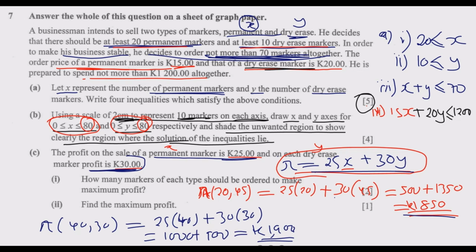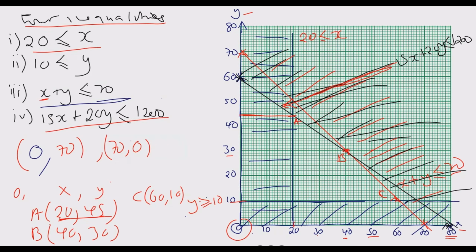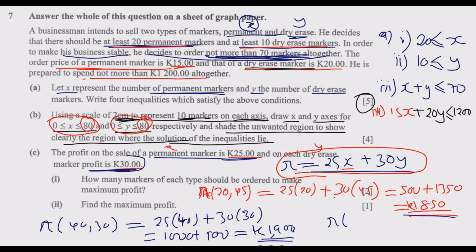Then lastly, we can look at C, though it might not be the candidate. At C it is 60, 10. So again, in this profit function, it will be 25 times 60, then plus 30 times 10. 25 times 60 is 1500, then plus 300, which is 10 times 30.